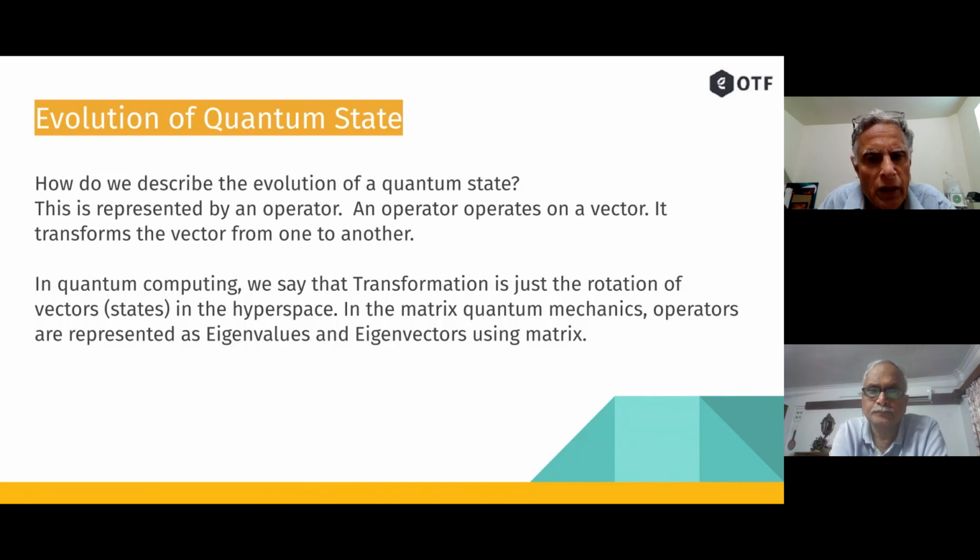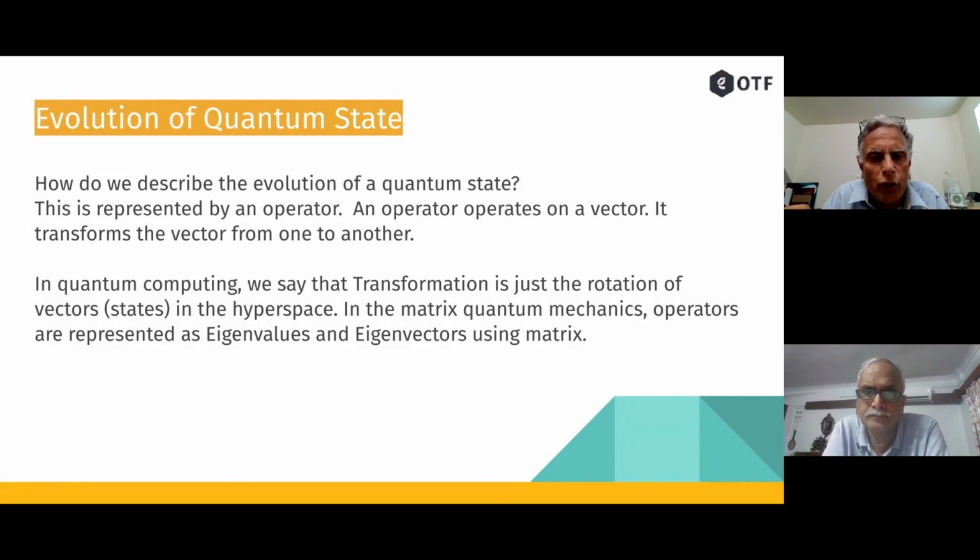But in general, an operator operates on a vector. If you have a vector, there is an equivalent operator that will transform that vector from one state to another state. In the case of a Bloch sphere, a one qubit system is represented by one Bloch sphere, and another qubit by another Bloch sphere.